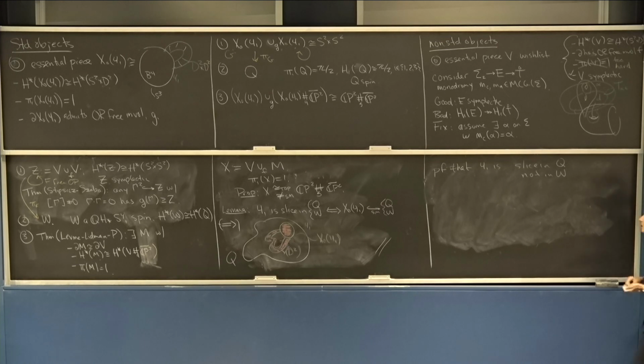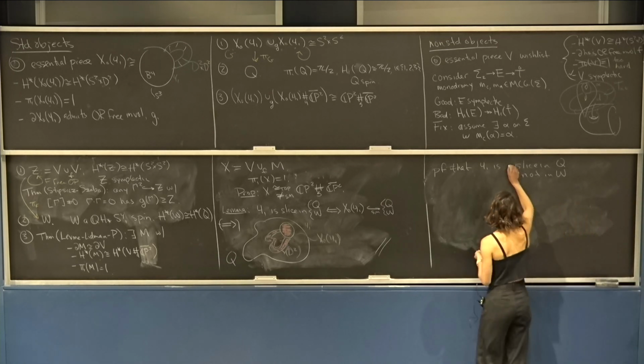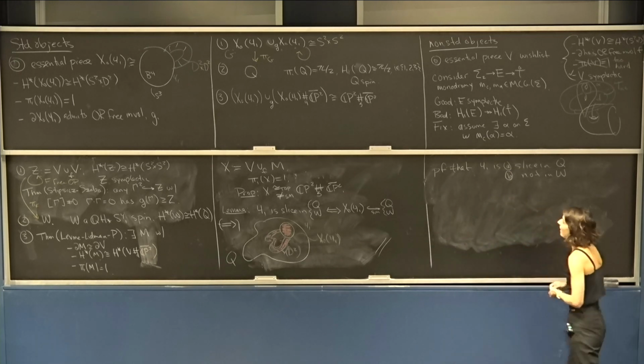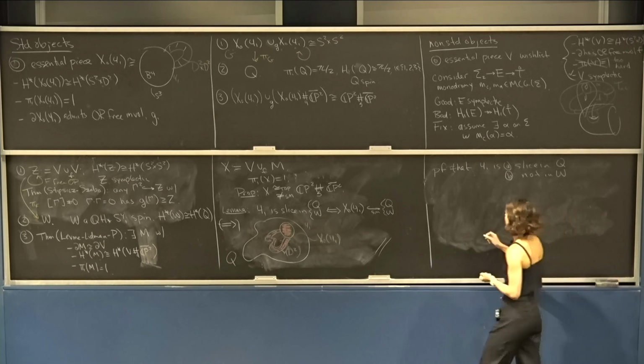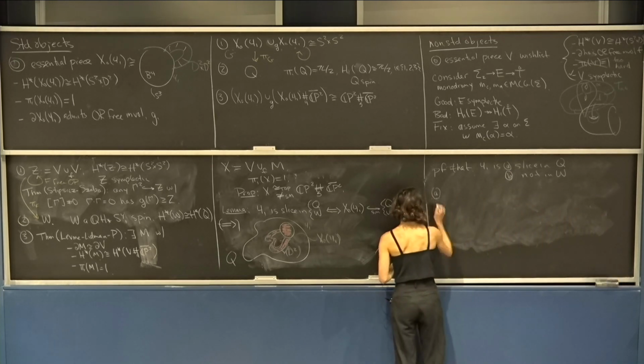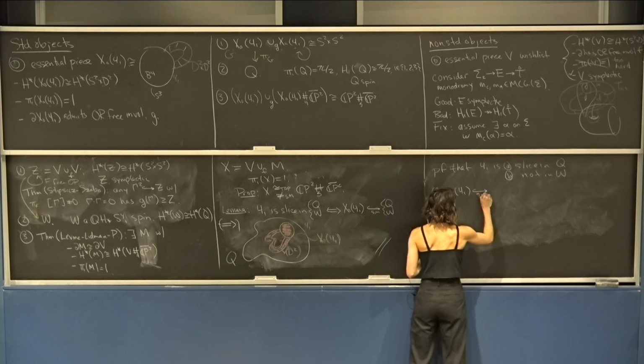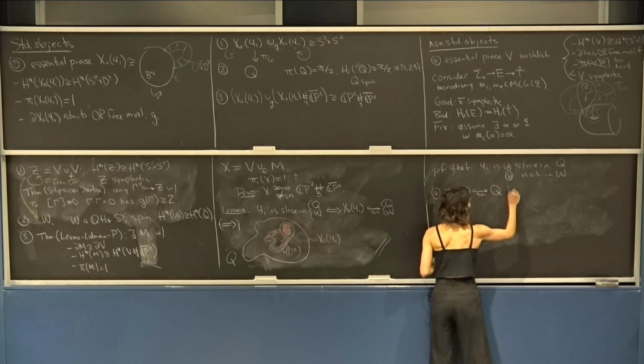Okay, great. So to prove this, we have to prove two things: sliceness in Q and non-sliceness in W. For A, we're actually in super good shape. We're just going to notice that the zero trace on 4_1 embeds smoothly in Q by construction.